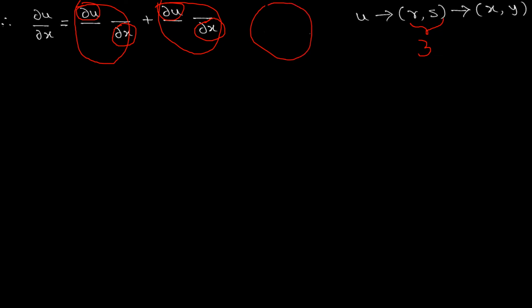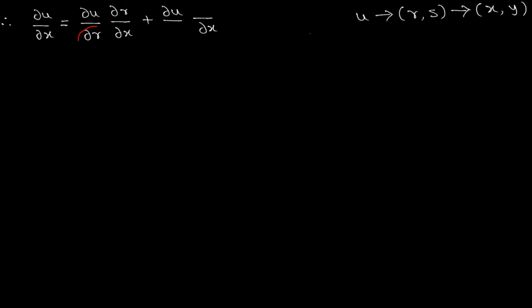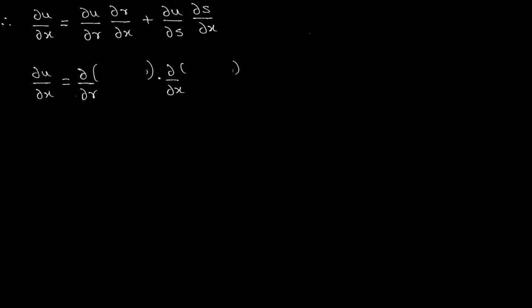Now in between here, we write dou r, the first variable which has been taken here, dou r and dou r, and the other variable is s. We write dou s and dou s here. Let us substitute the value of u here and the value of r here and differentiate partially.